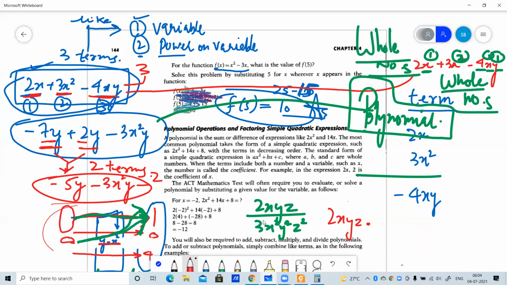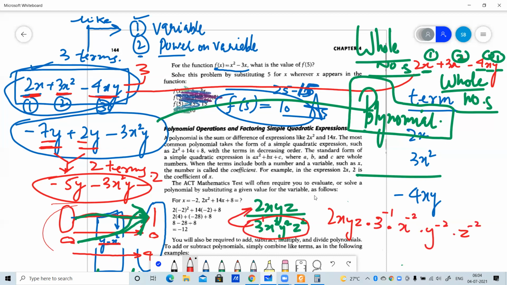For example, 3 is raised to the 1, it'll be 3 raised to the negative 1. X to the 2 means x to the negative 2. Y to the 2 means y to the negative 2. Z to the 2 means z to the negative 2. So whatever you're having in the denominator, you can write it in the numerator, but you have to change the sign of the exponent.